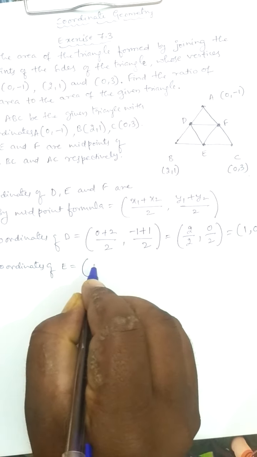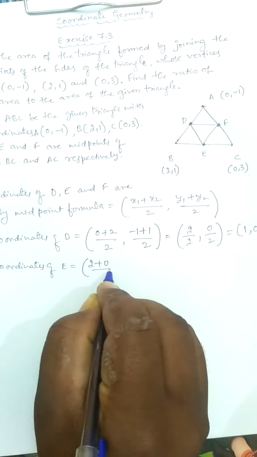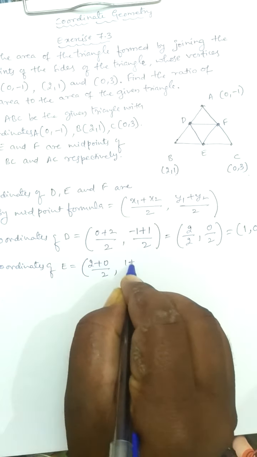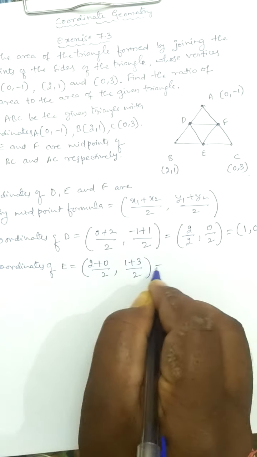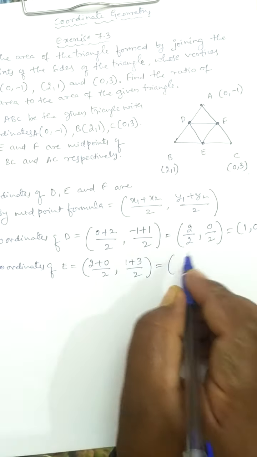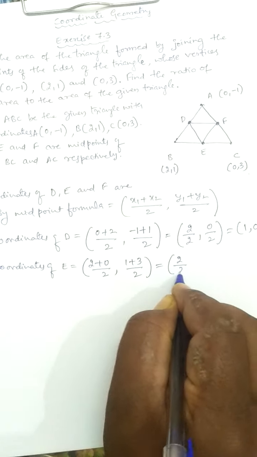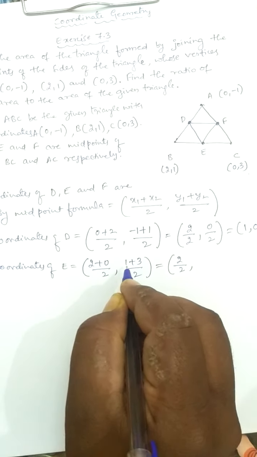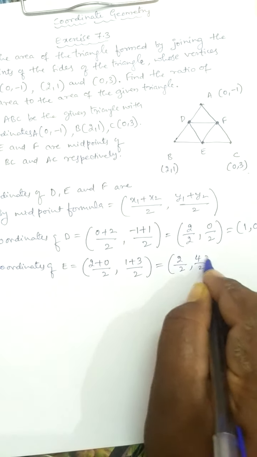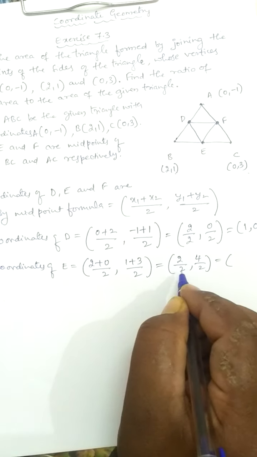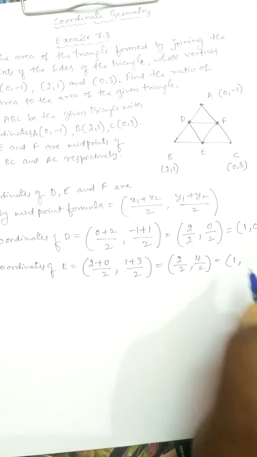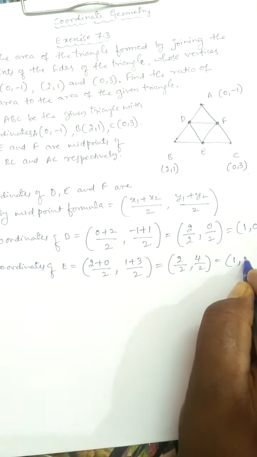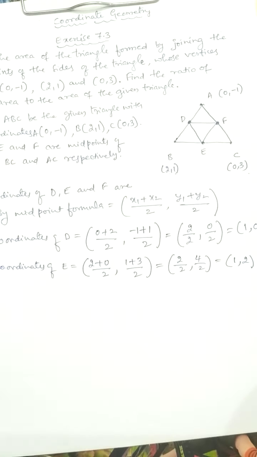So what happens? (2 plus 0) divided by 2, (1 plus 3) divided by 2. This is equal to 2 by 2, and 1 plus 3 is 4 by 2. If we simplify this, 2 ones are 2, so it becomes 1, and 2 twos are 4, so it becomes 2. So the coordinates of point E are (1, 2).